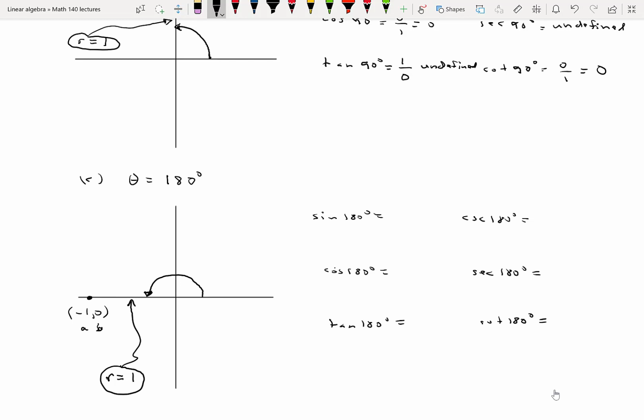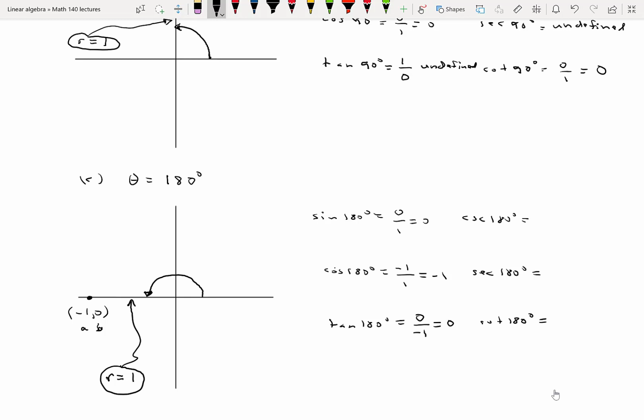There's no triangle here for SOHCAHTOA. However, we do have the definitions. The sine of 180 is b over r. 0 over 1 is 0. So the sine of 180 is 0. The cosine of 180 is a over r. So the cosine of 180 is -1. The tangent of 180 is b over a. 0 over anything except for 0 over 0, 0 over anything that's not 0 is 0.